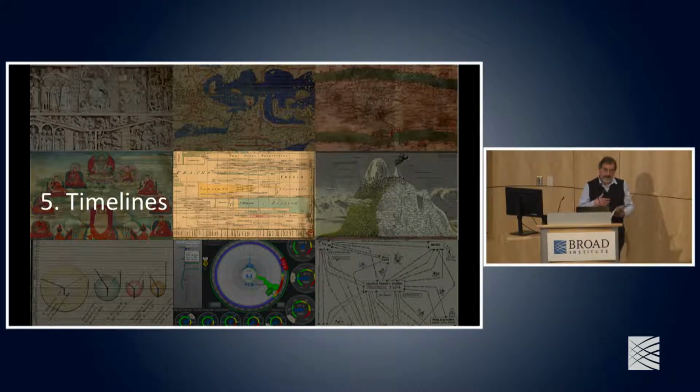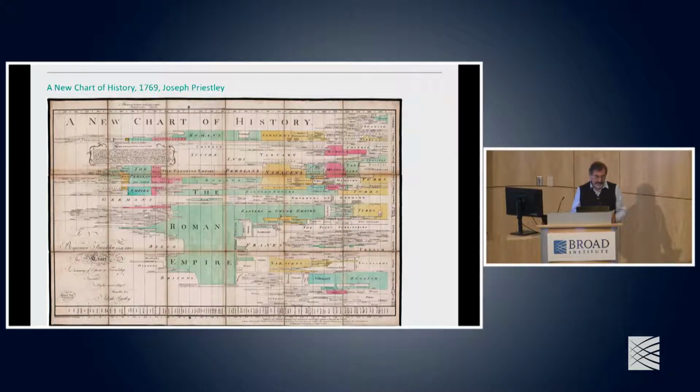So maps and transportation diagrams, as we've seen, generally illustrate space. The purpose of a timeline is to present relationships in time. European timelines from the 18th and 19th century are all struggling to synthesize competing views of time.